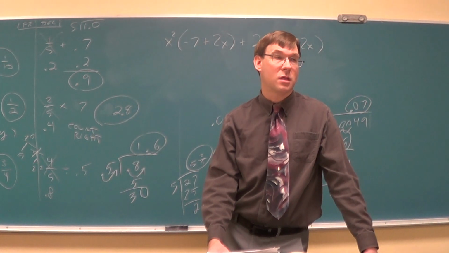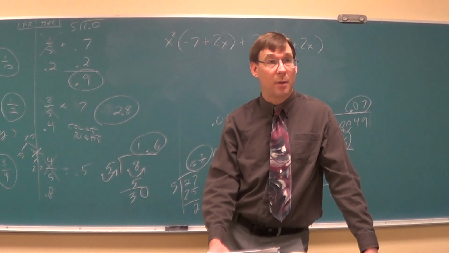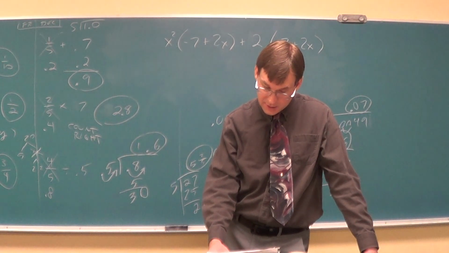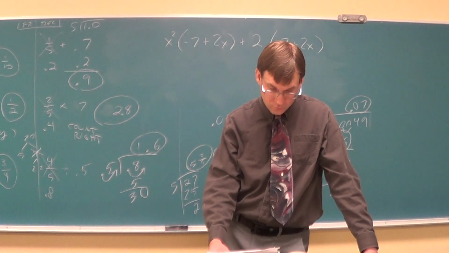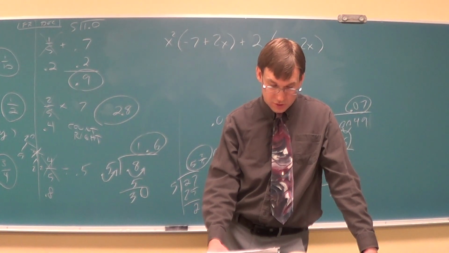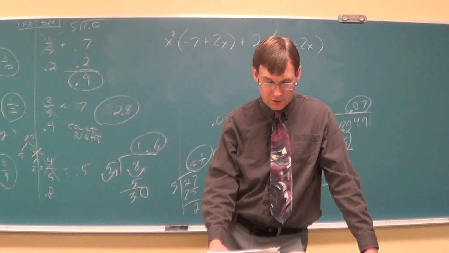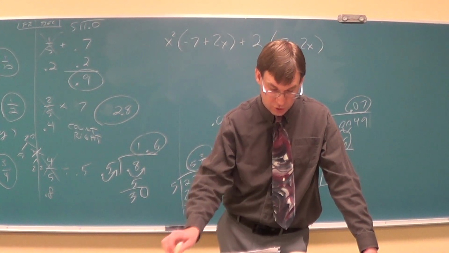Anything else on 233, anybody that skipped around or had troubles? 19. So 19 has 4 terms, so I would look to go grouping on 19. My first thing I usually try with grouping is just attack the first 2.